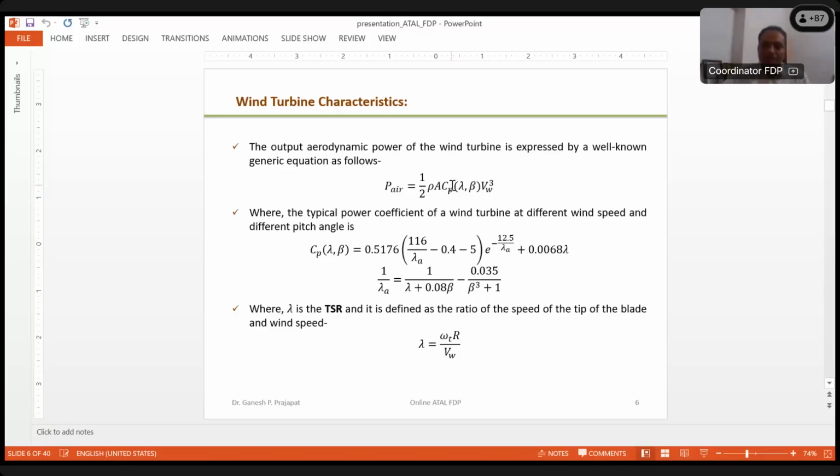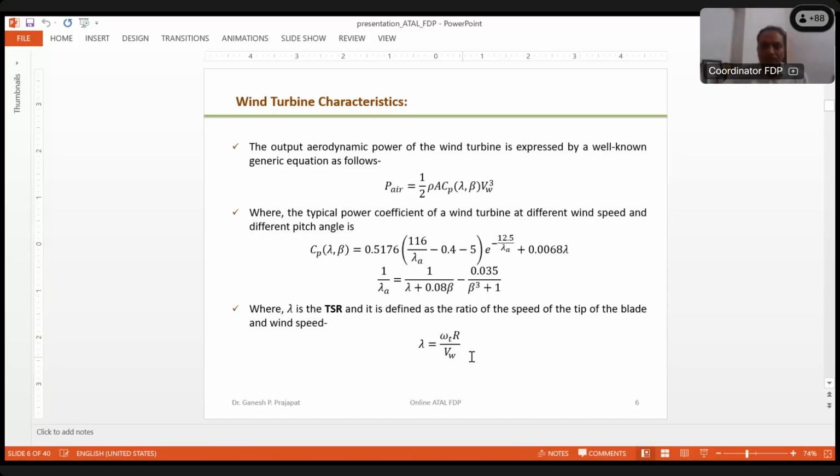So here the Cp is very important, as I already said, and it is decided by the design of the blades. In general, a typical turbine power coefficient is something like that. It has been created by a researcher who measured the generation of power from a wind turbine and plotted it with respect to lambda.